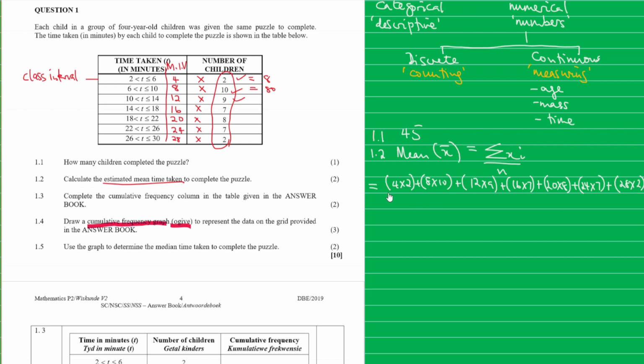And all that, the total is divided by the total number of children, which is 45.